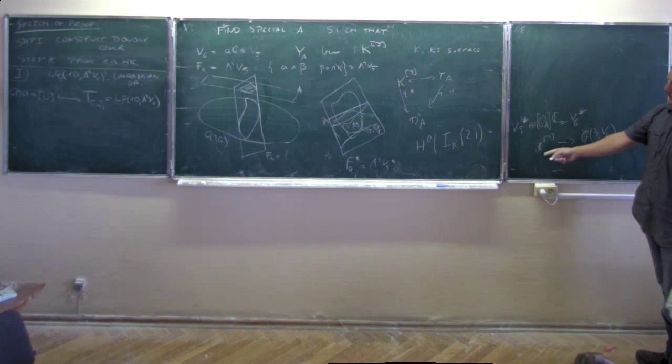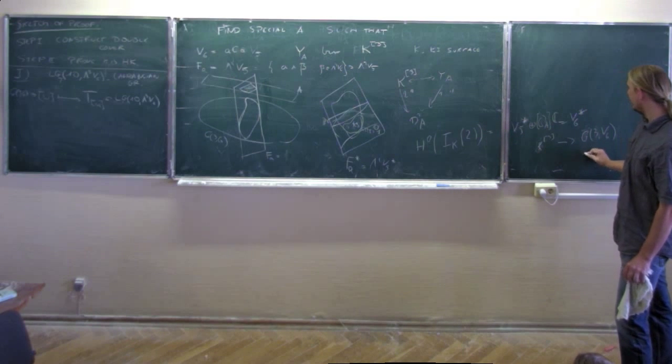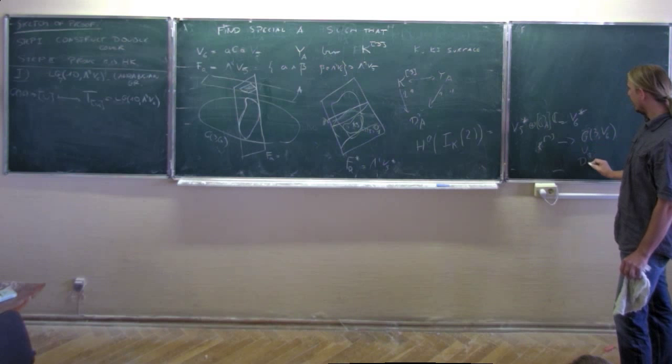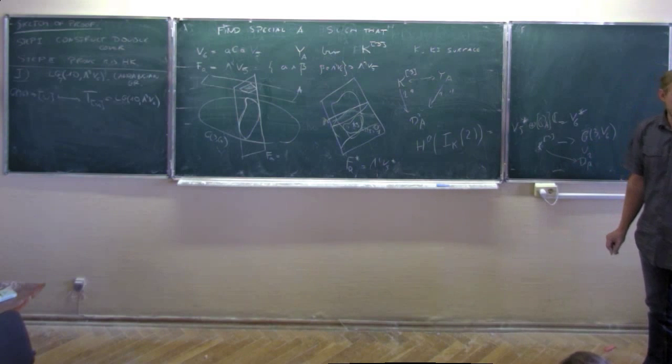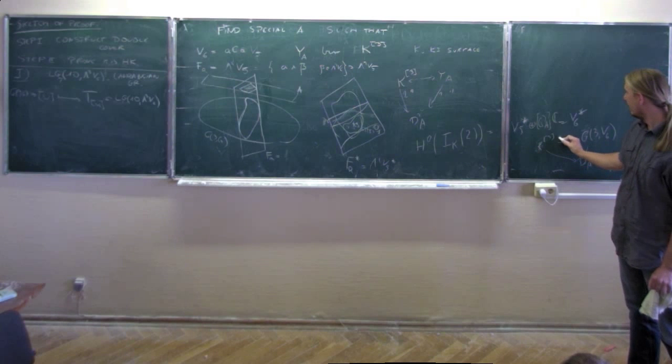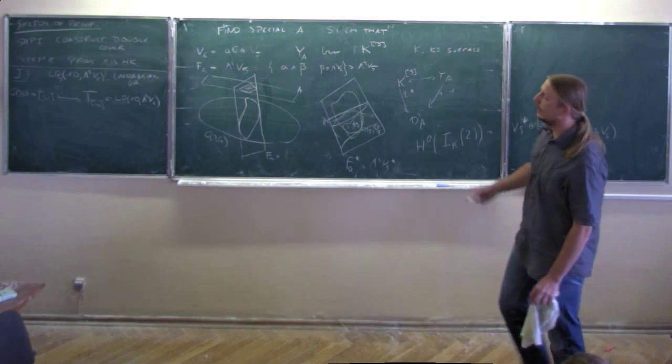Another technical part is to prove that the image of this map is in fact in D2A. So it's a 2-to-1 map onto D2A. So this ends the proof.